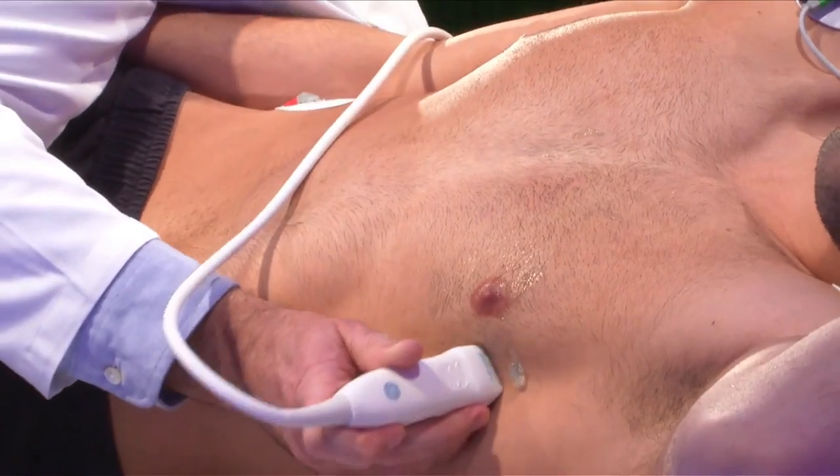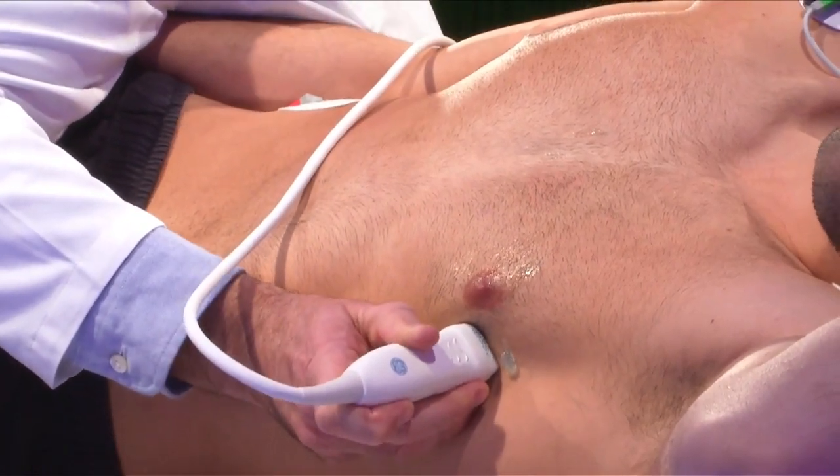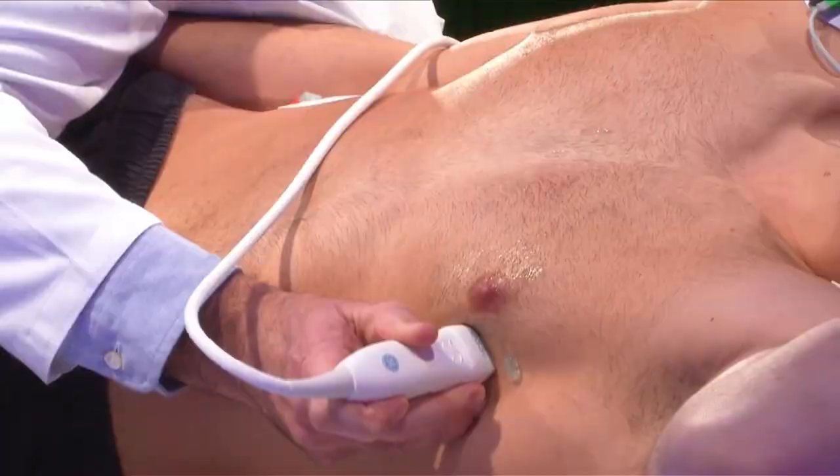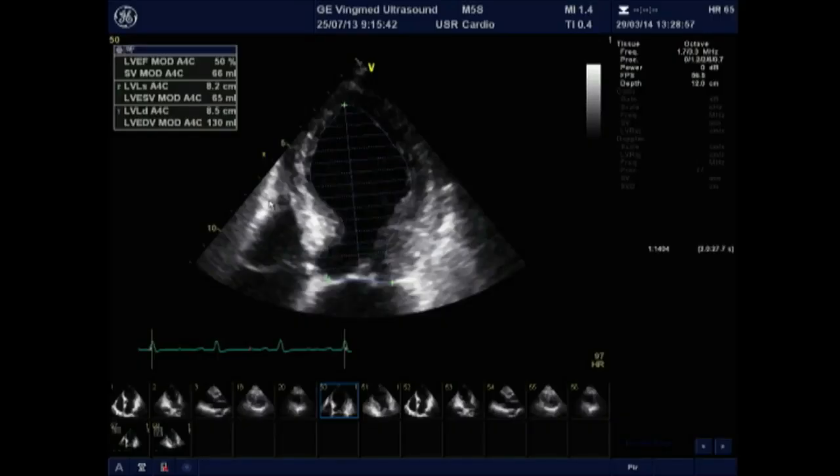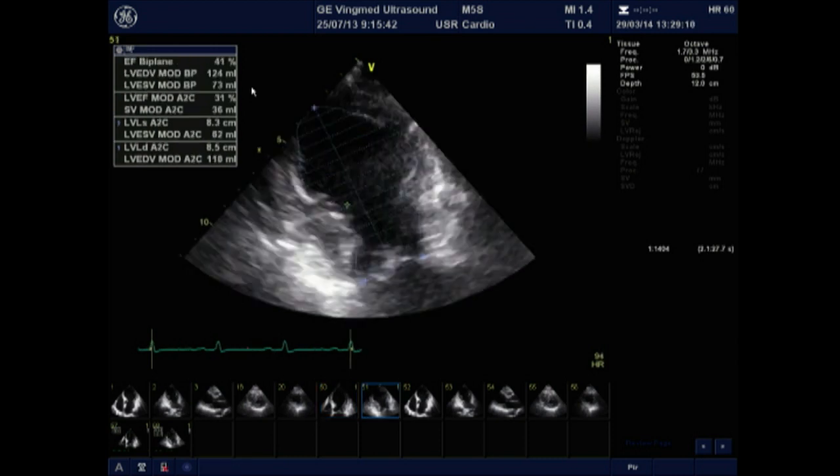In the apical view, we assessed the ejection fraction. Even with the evidence of this apical ballooning, the left ventricular function in the four-chamber view was okay, and the biplane Simpson's ejection fraction was 41%, so mildly depressed systolic function.